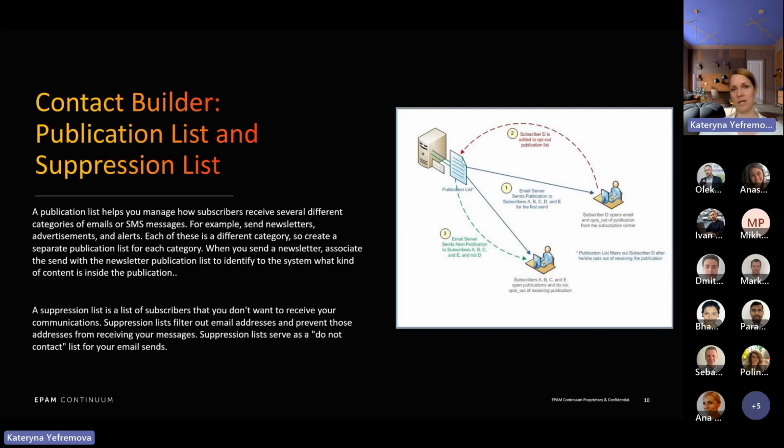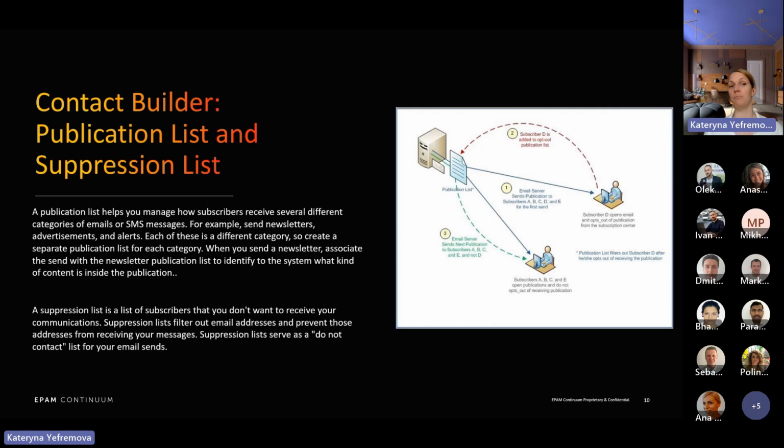Why do we need a publication list? I would say a publication list is already the list of users, or the list of customers, who would go to the particular campaign. And from one data extension, we can create as many publication lists as we need.